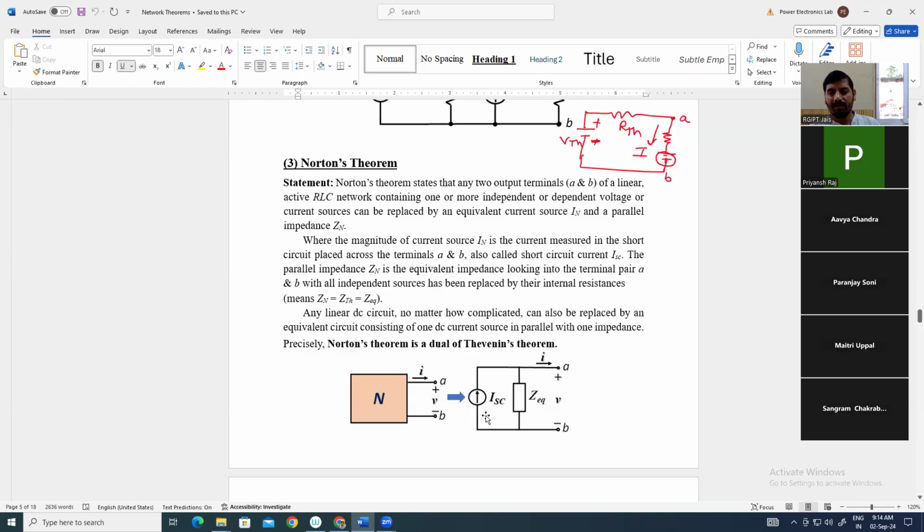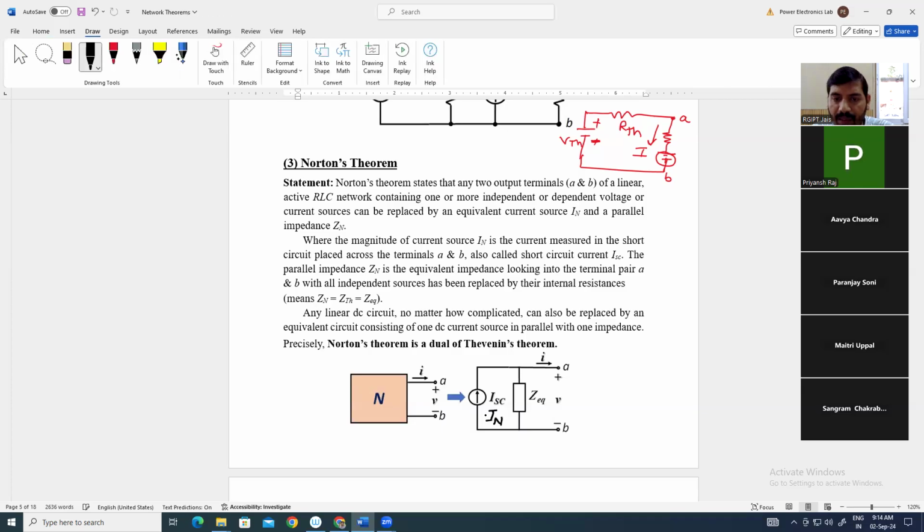Okay, and it is nothing but the Norton current. It is also called the Norton current, IN. And Z equivalent is nothing but, the procedure is the same, just as we have used in the case of Thevenin's theorem, the same procedure will be there to evaluate the equivalent impedance.